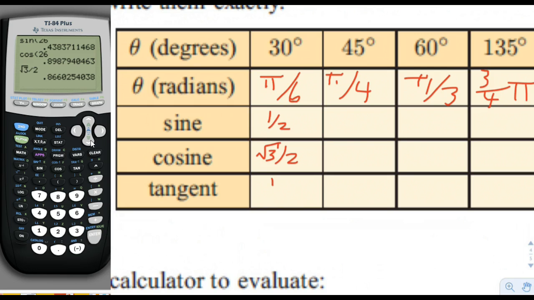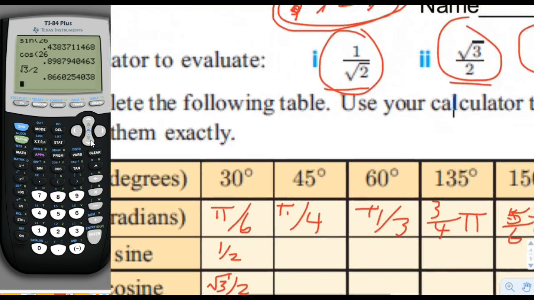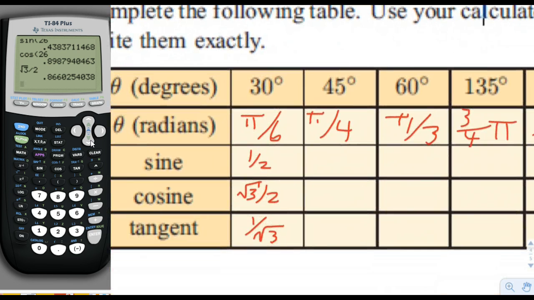It would be 1 over the square root of 3. 45 degrees. So the sine, is it okay if we write 1 over square root of 2? Yeah, 1 over square root of 2. Cosine 1 over square root of 2. And the tangent is just 1, right? Because in 45 degrees, the opposite over the adjacent is 1.